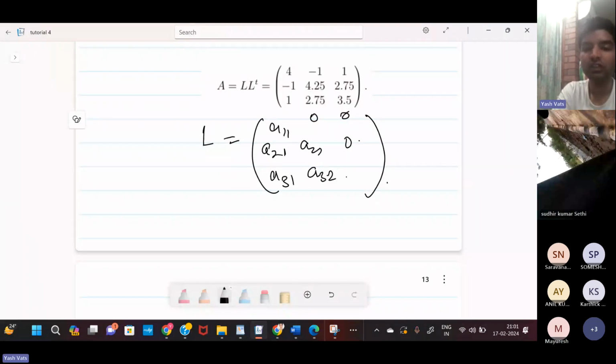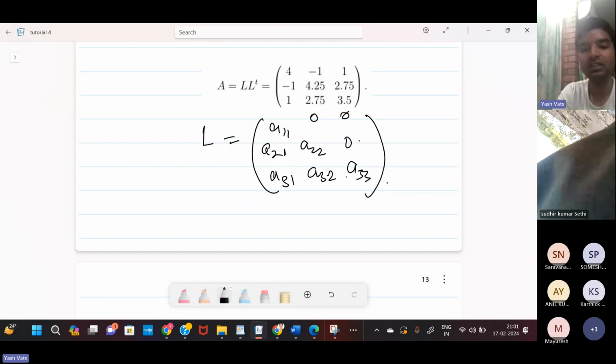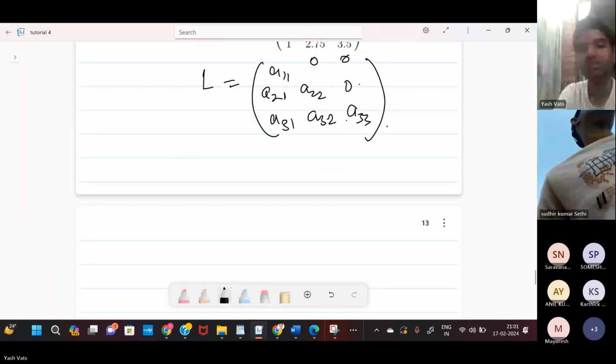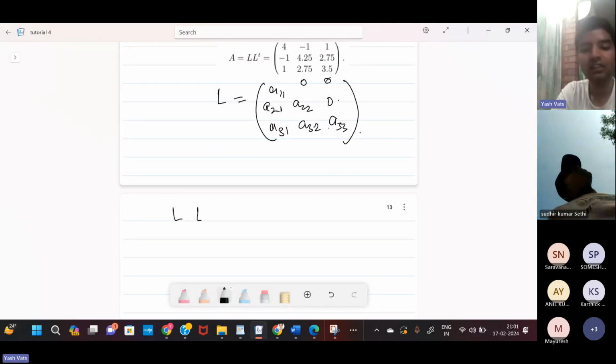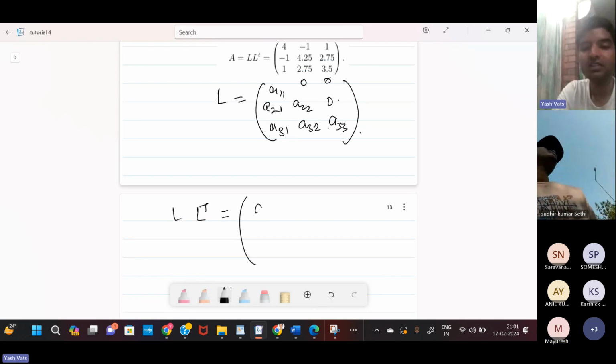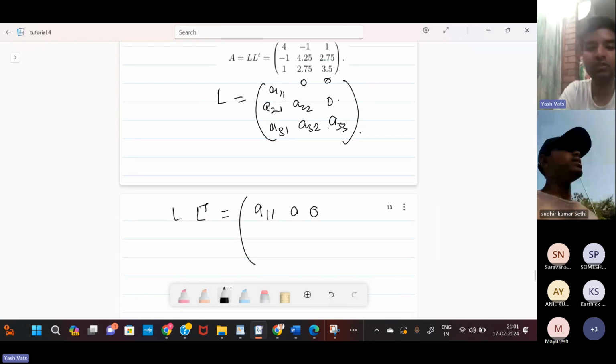A11, A22, A33. And what is L transpose? L transpose is just this.